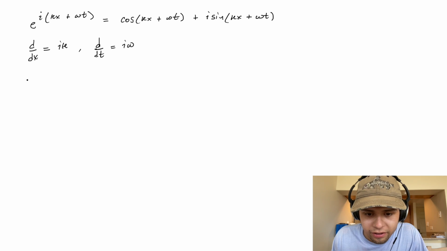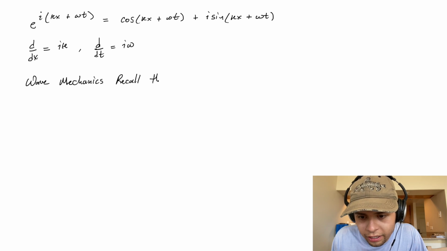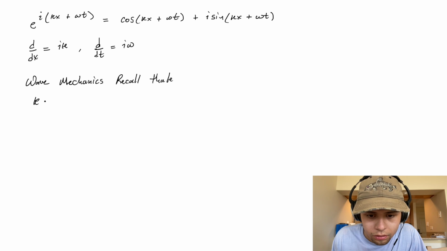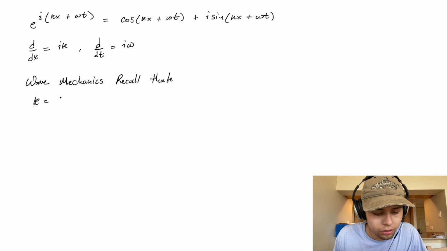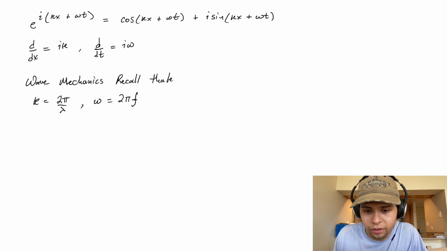So in wave mechanics, recall that k is the wave number. k is a wave number, and it's equal to 2 pi over lambda. And omega is the angular frequency, and that's 2 pi times the frequency.